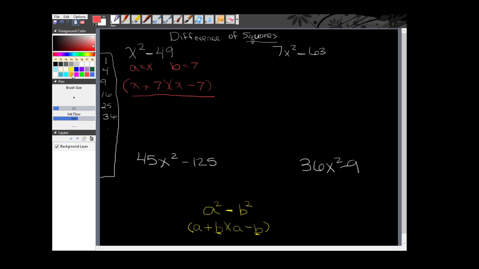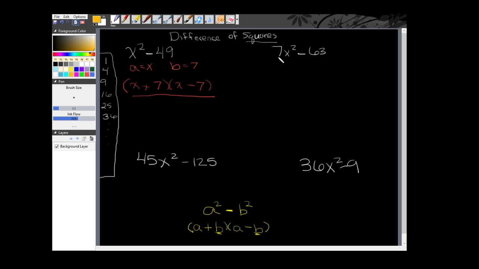Now, sometimes you'll have a difference of squares that doesn't quite look like a difference of squares, such as this one here. 7 isn't on my magic number list, right? 7 falls between 4 and 9.